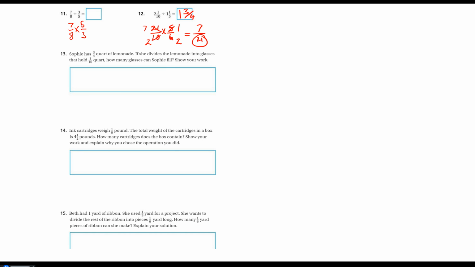All right, number 13. Sophie has 3/4 quart lemonade. If she divides, so that's a big clue that we're dividing here, the lemonade into glasses that hold 1/6 quart, how many glasses can she fill? Okay, so again, we're dividing: how many 1/6 are there in 3/4.